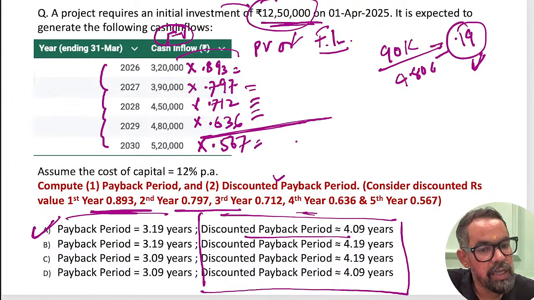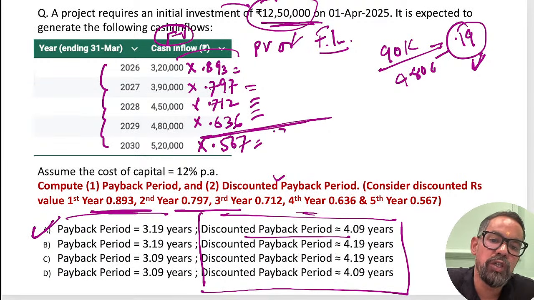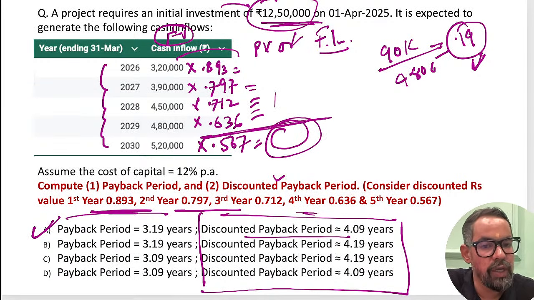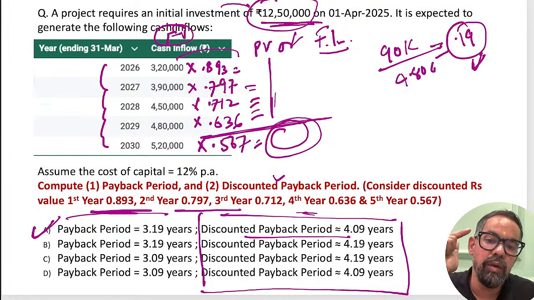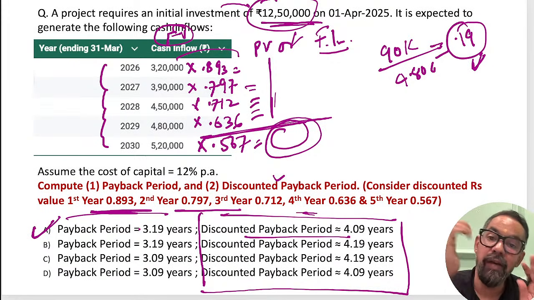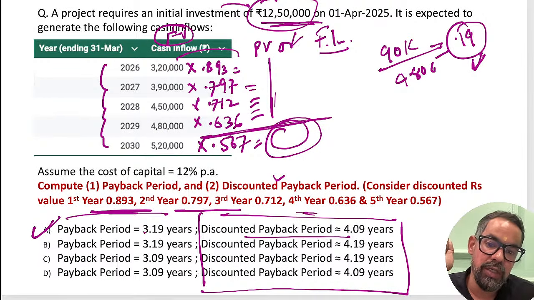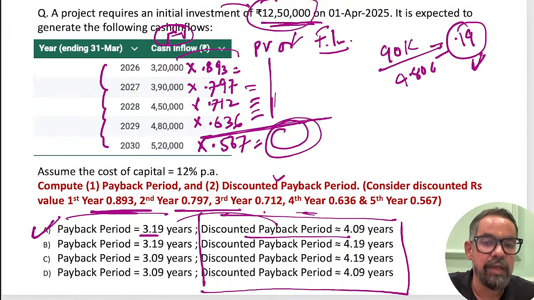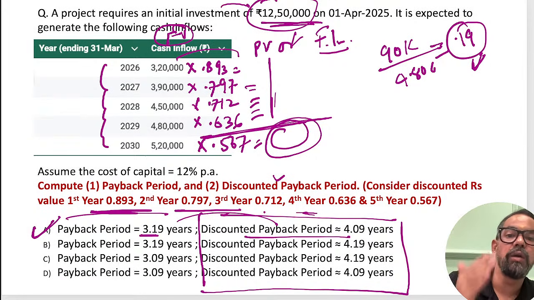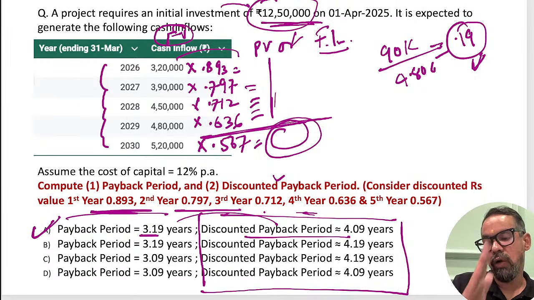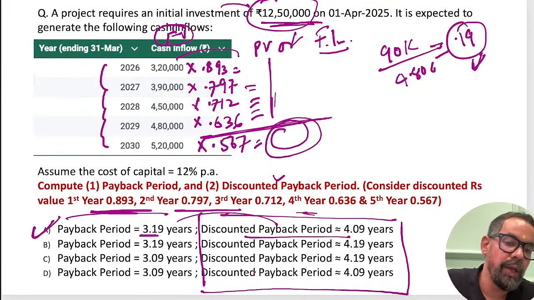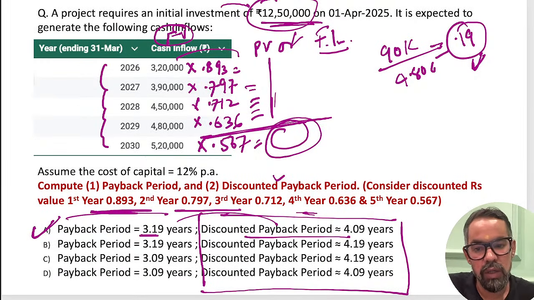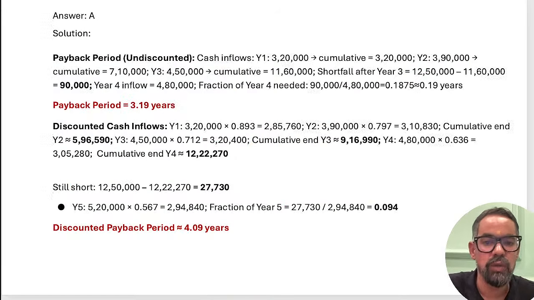Now the remaining amount which you will pick from here, okay. So 4 years, because of the time value of money, it was without discounting that we would get it within 3 years, with discount it extended by one more year because the value of that future inflow becomes lower. So that's why it is the case. Understood, everyone? Guys, any doubt please do let me know.